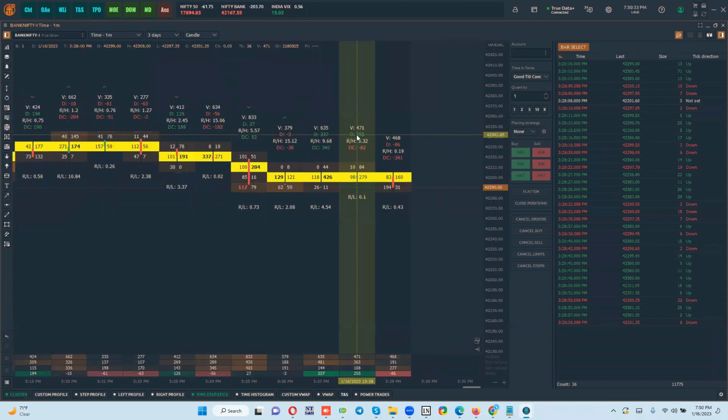The high of this particular bar was 42,309. Let's look at where 42,309 is. Okay, same bar. Yes, this is the bar that we looked at. So we had a low which is at 42,297.